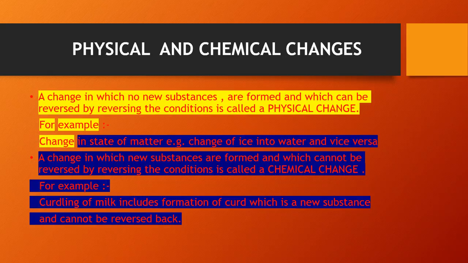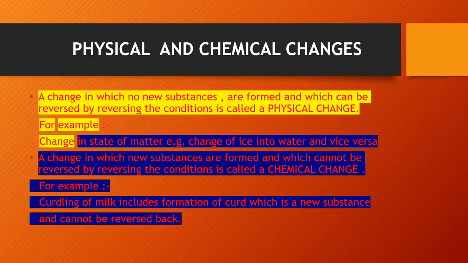Now we will learn what are physical and chemical changes. A change in which no new substances are formed and which can be reversed by reversing the condition is called a physical change. I repeat the definition.